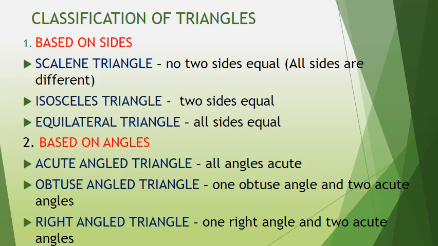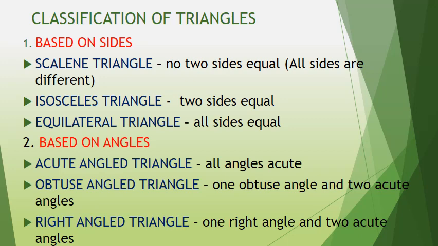Similarly, based on angles, we can classify the triangles into acute angled triangle, obtuse angled triangle and right angled triangle. Now we can see what is meant by acute angled triangle. If in a triangle all angles are acute, then such a triangle is called an acute angled triangle.